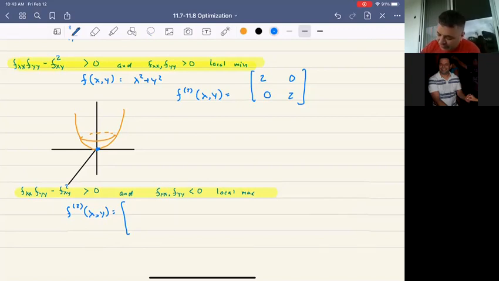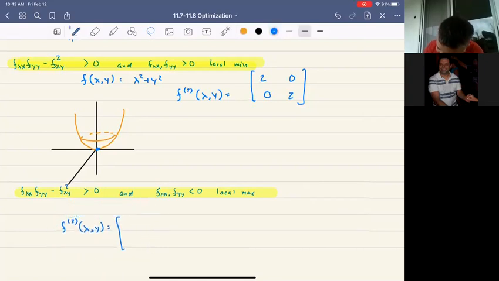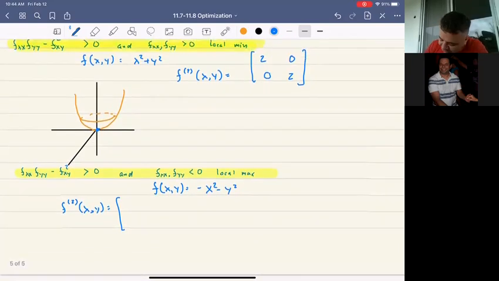The f of x, y that I want to use is negative x squared minus y squared. So in this example, the second derivative is [-2, 0; 0, -2].